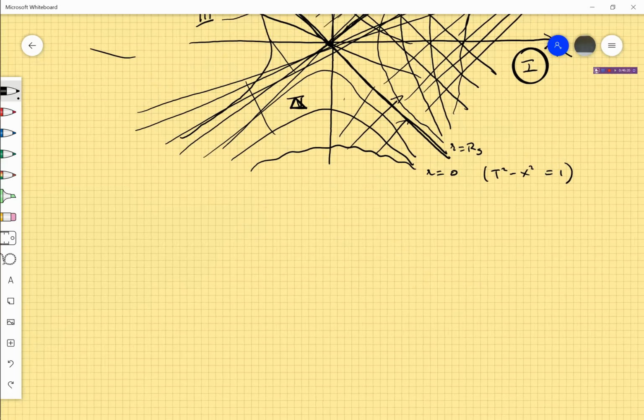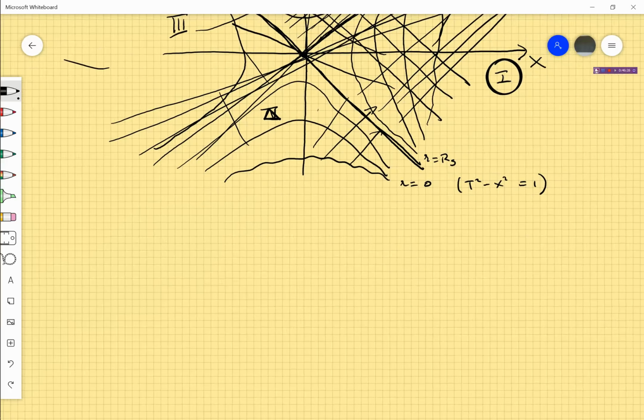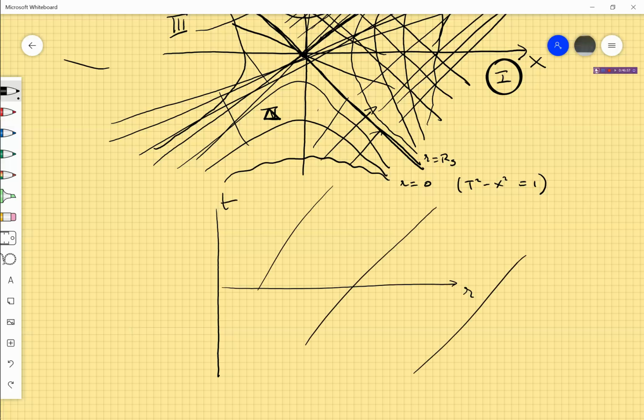If you do this for Minkowski spacetime in spherical coordinates, you could take the whole spacetime, which you can imagine as this would be r equals 0, and so there is the r coordinate and the time coordinate, and if you use this radial coordinate, there is no left hand side of this diagram, but it could be this infinite region.